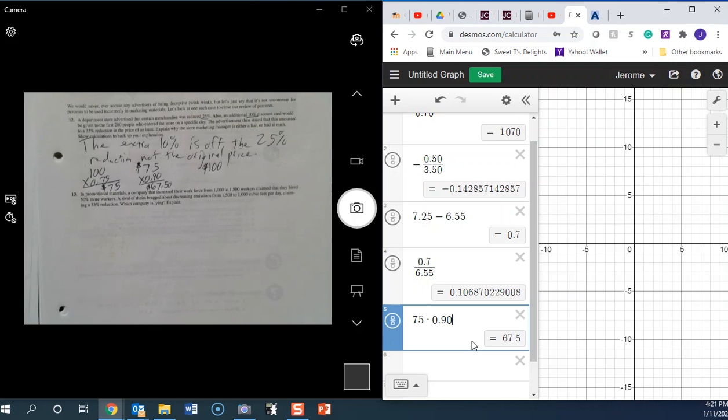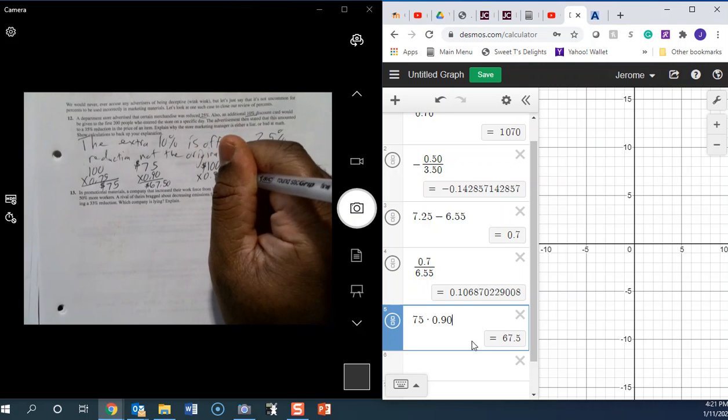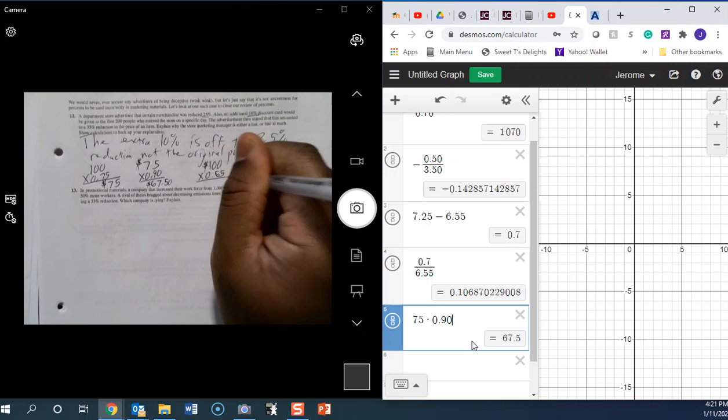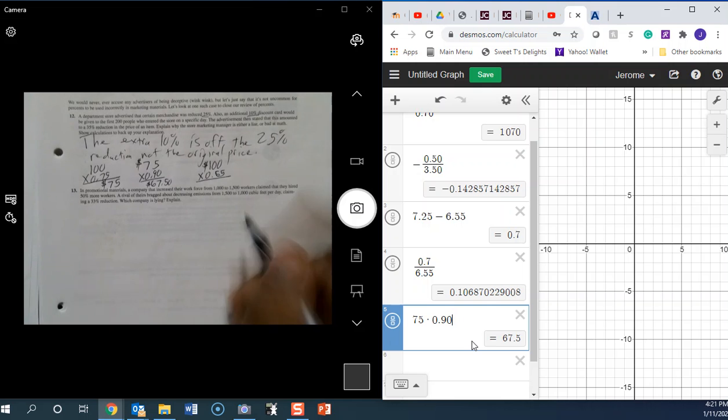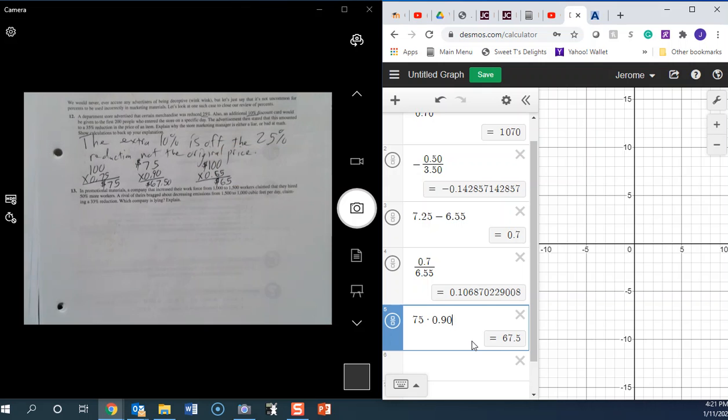But since we're taking 35% off, that means that we're actually paying 65%, which is 0.65. And 100 times 0.65 is $65. So if you notice here, you end up paying an extra $2.50 for that. So it's not an actual 35% off.